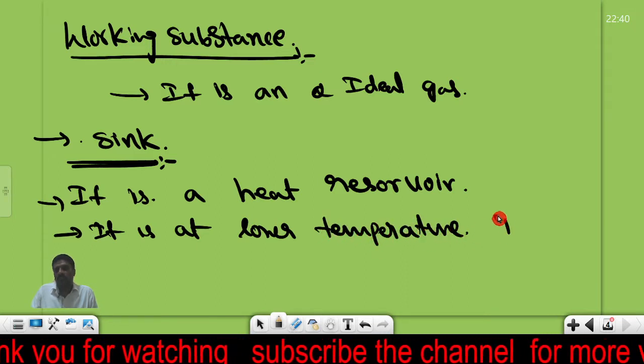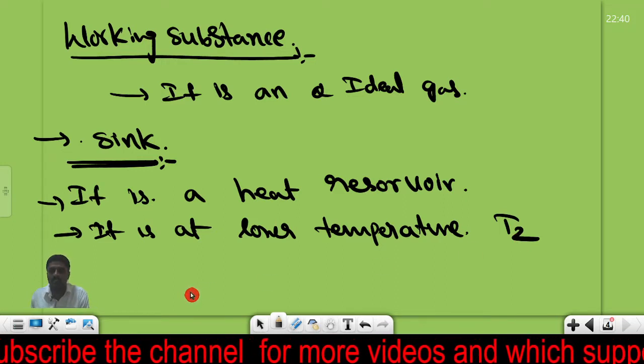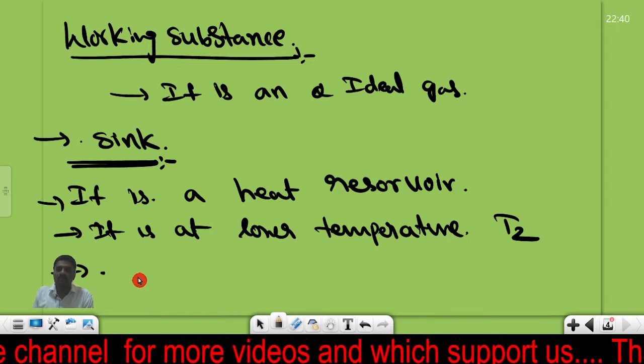So the lower temperature is generally denoted with T2.